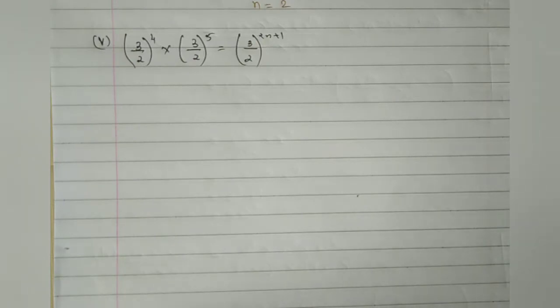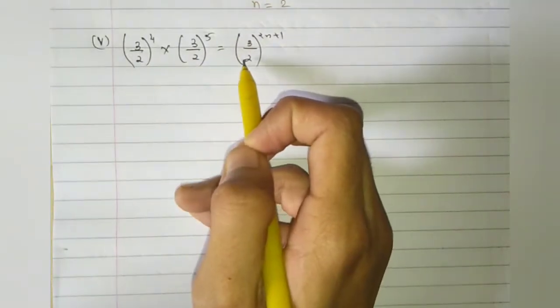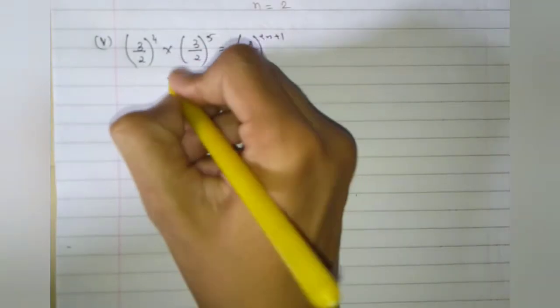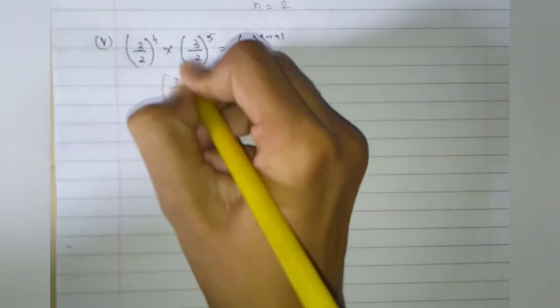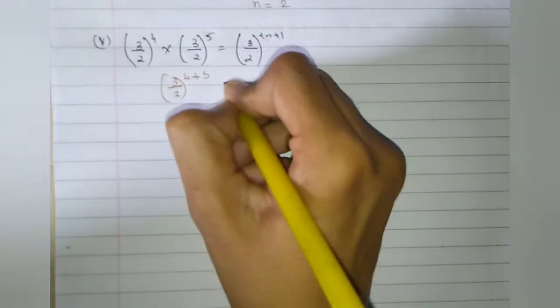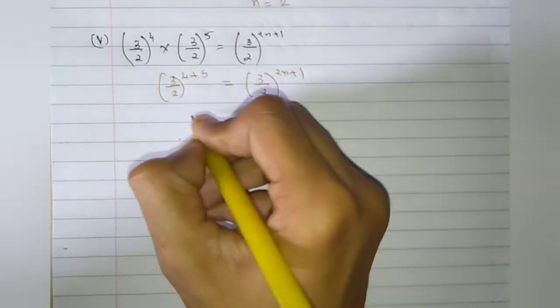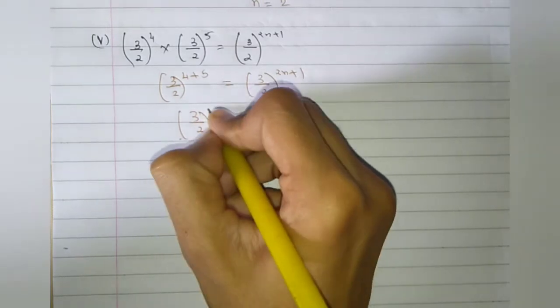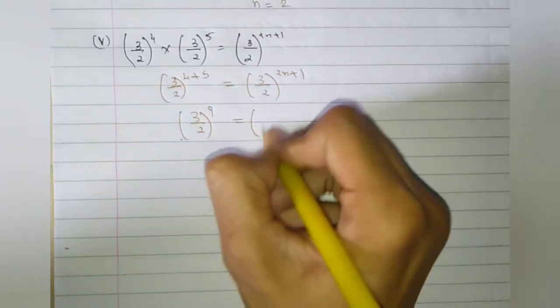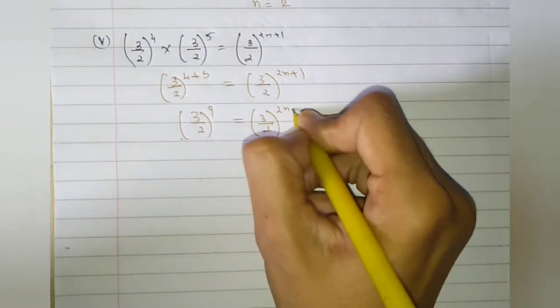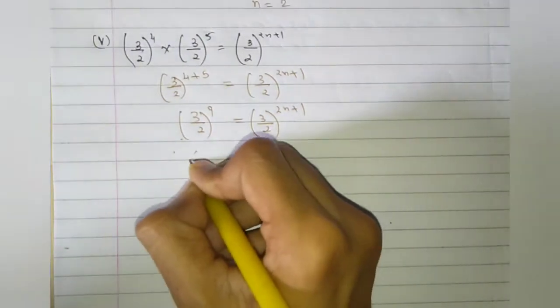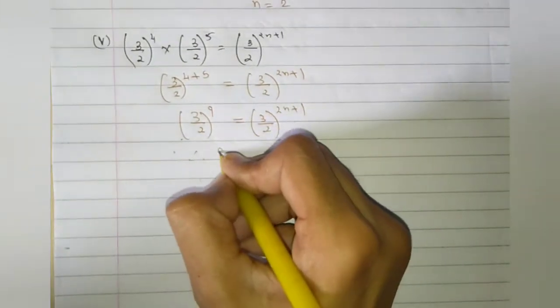Now fifth one, all the bases are same. First of all, this multiplication. So 3 by 2 we can plus its powers. So 4 plus 5 and 3 by 2 2n plus 1. So 3 by 2, 4 plus 5 is 9 equal to 3 by 2 2n plus 1. Therefore directly we can write the power because bases are same.